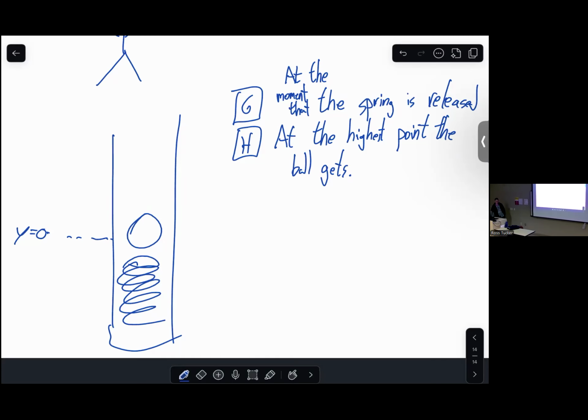Okay, the correct answer is at the instant that the spring is released, there is no kinetic energy. No force can give you velocity at 0 seconds worth of time. Remember, change in velocity equals a times t? What if t equals 0?